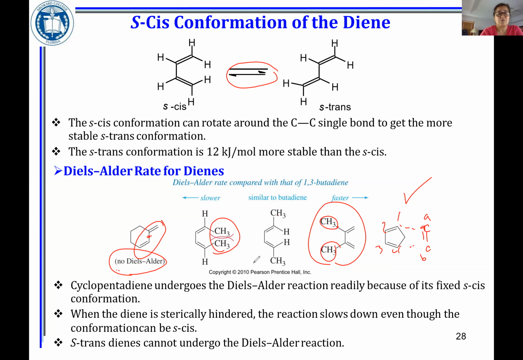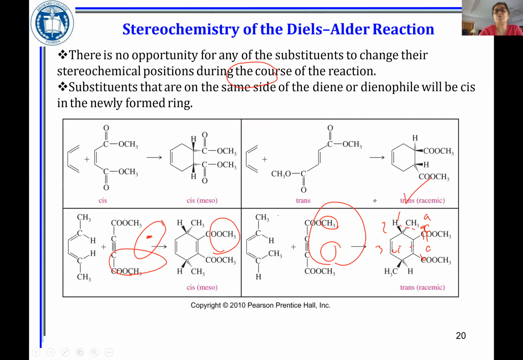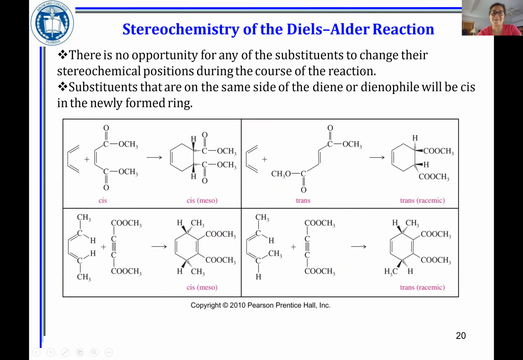So trans dienes cannot undergo it. We have a trans diene here that is a restricted trans diene. It will not go through the Diels-Alder reaction. And some of the questions actually involve which one is best or which one is fastest.